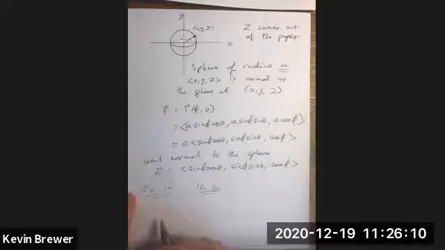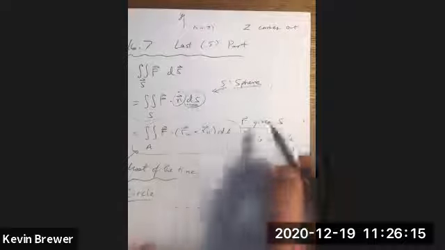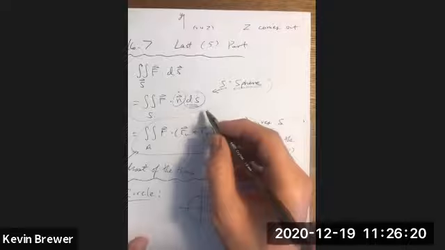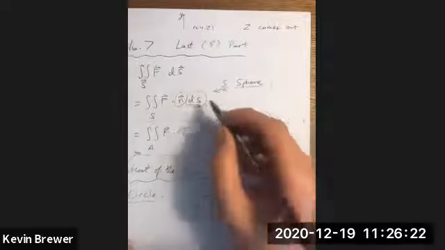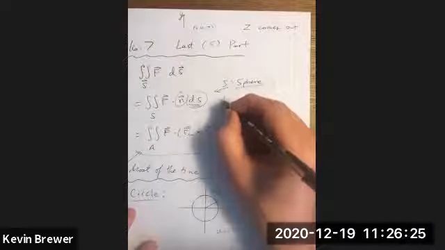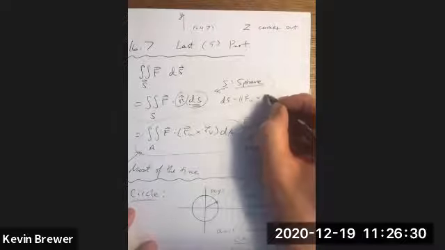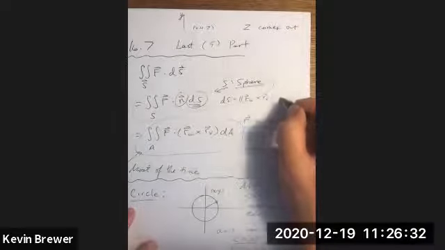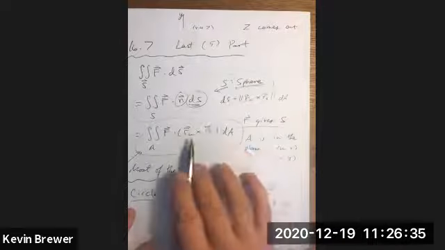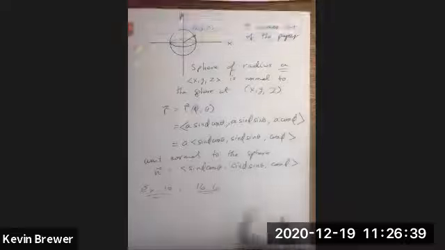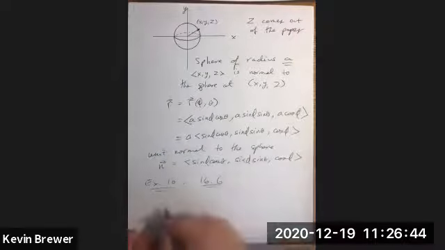What you're looking for here is, remember, dS is the magnitude of r_u cross r_v dA. And that magnitude canceled out down here, which is usually why this is simpler.